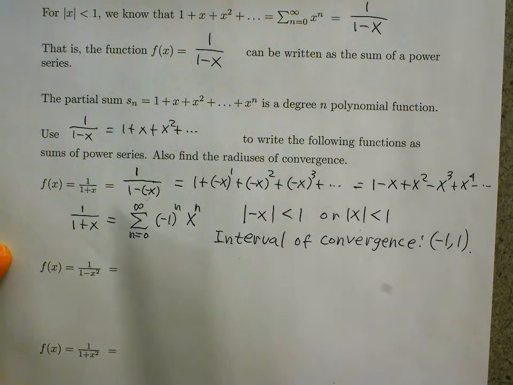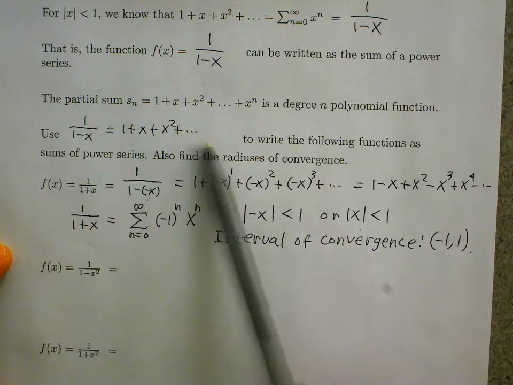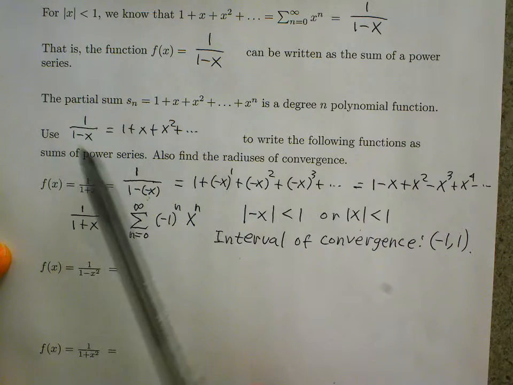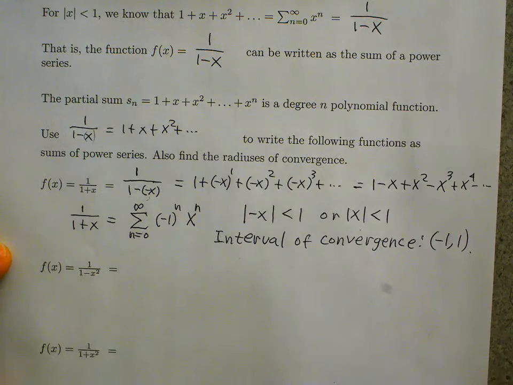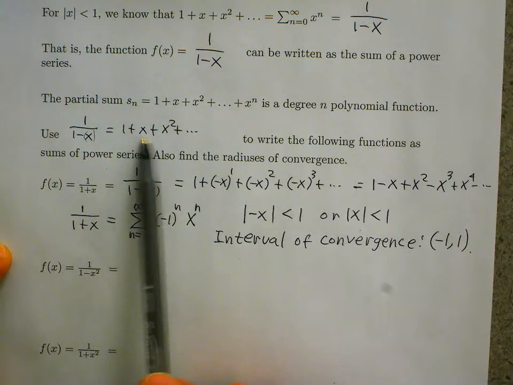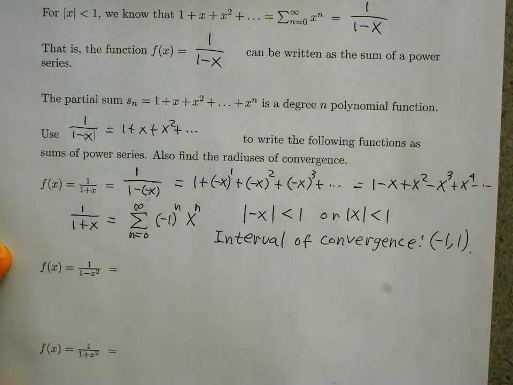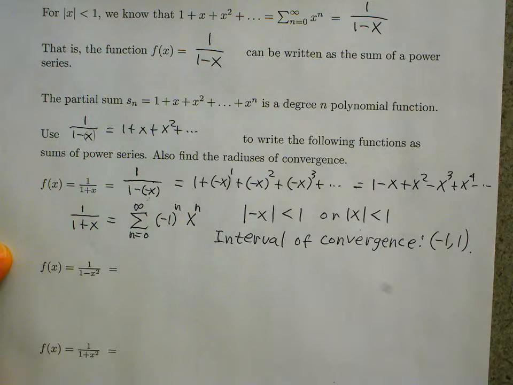Maybe it seems a little weird to you, but all we're going to do, we're using this as our template, 1 over 1 minus x equals 1 plus x plus x squared plus dot dot dot. So for this function, 1 over 1 minus x squared, x squared is going to take the place of x in this power series representation.